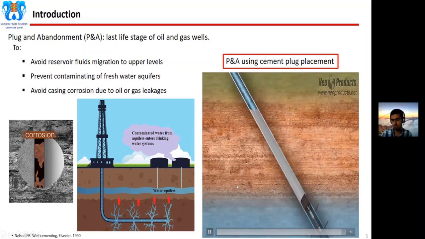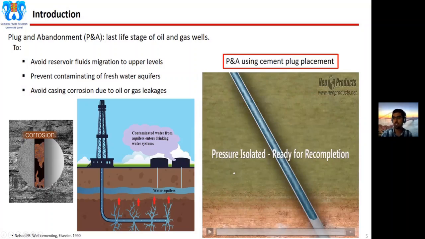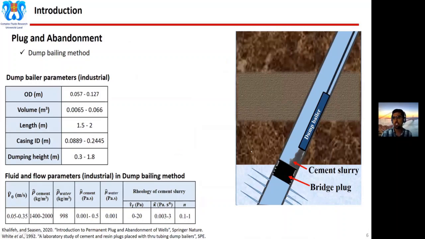So motivated by this procedure, I'm going to study the injection of cement slurry. As you can see in this schematic, the cement is injected on a bridge plug to replace and remove the water and to keep the well safe from production of unwanted water.